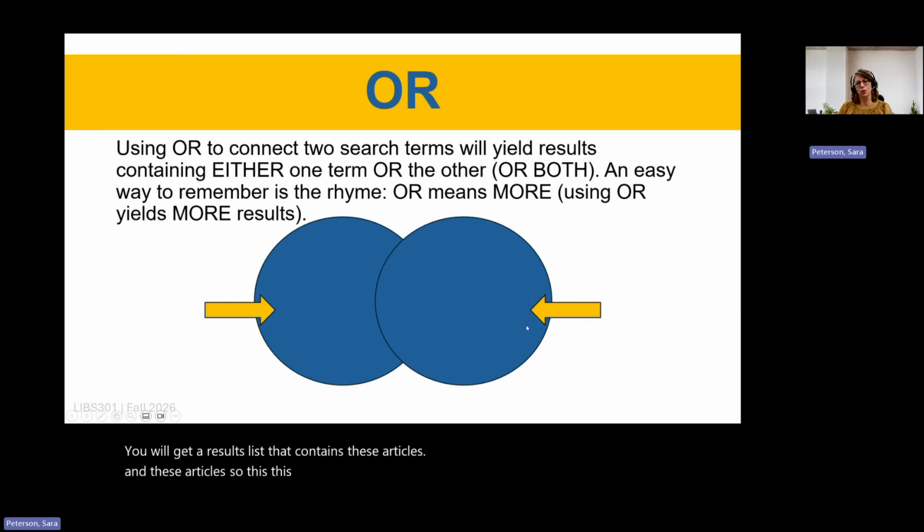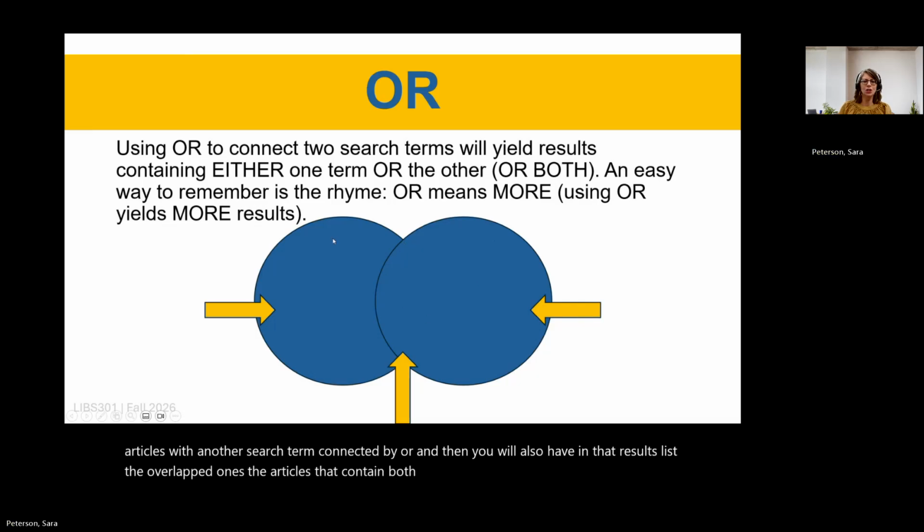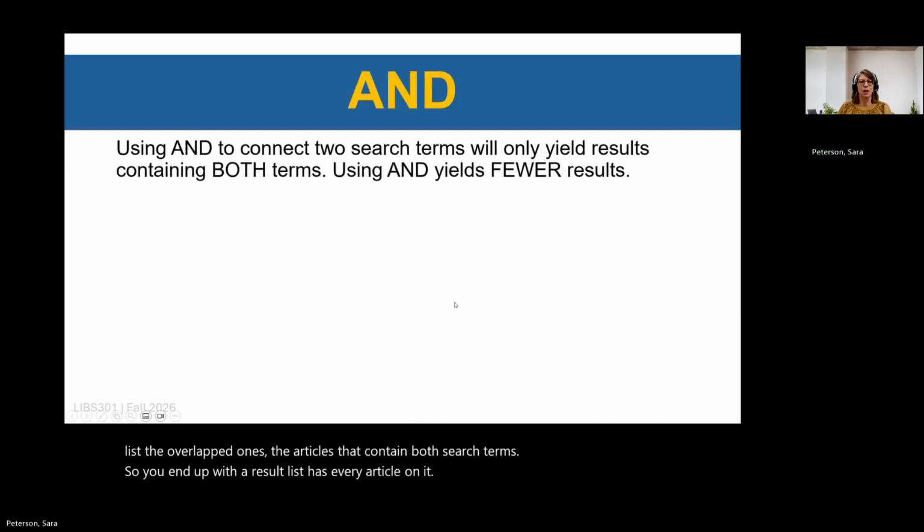This represents articles with another search term connected by OR. And then you will also have in that results list the overlapped ones, the articles that contain both search terms. So you end up with a result list that has every article contained here.